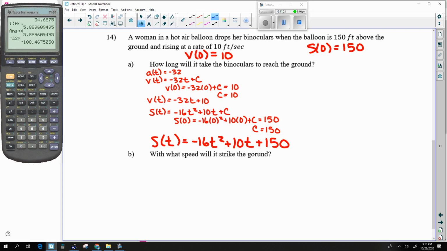Okay, so the two important equations are that guy and that guy, maybe the acceleration, but those are the big three right there.